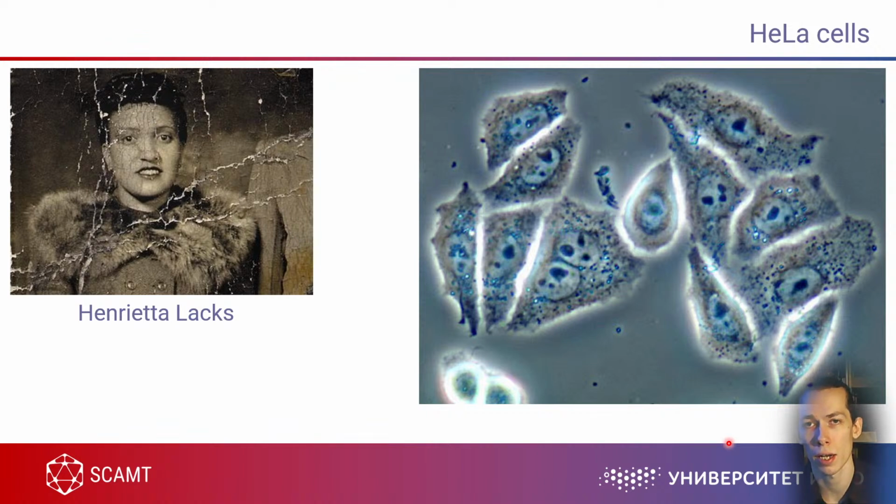So they can divide an uncountable number of times. And because of this, Henrietta Lacks herself can be considered immortal, because her cells are still alive and will probably be alive while humanity is alive, because we're still using these cells.